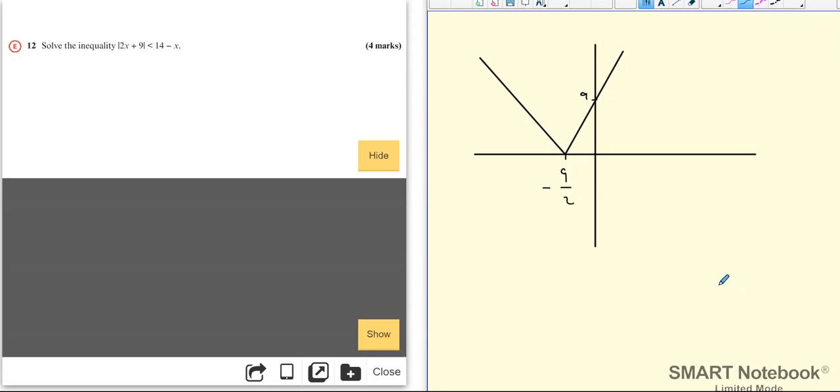And then we have got 14 minus x. Now, my diagram is not the best, but you're going to see the understanding of this diagram.